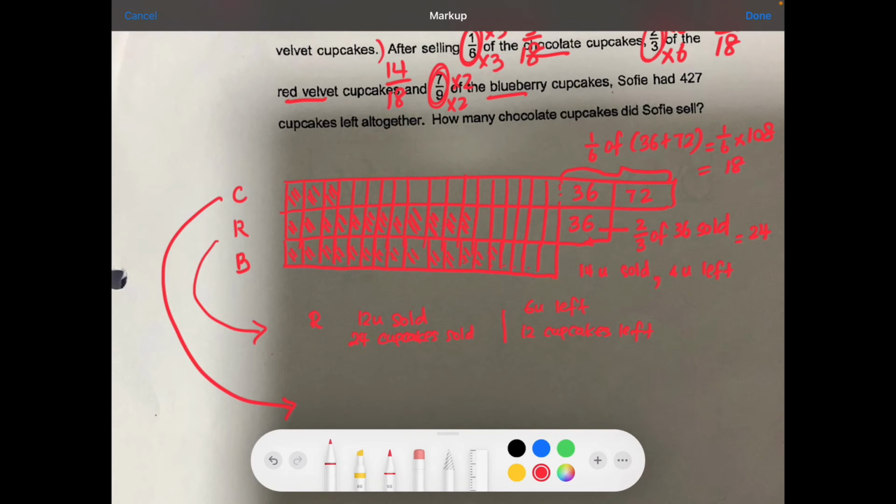What do all these numbers represent? This is for the chocolates. Just now was for the red velvet. You would have 3 units sold. You will also have 18 cupcakes sold.